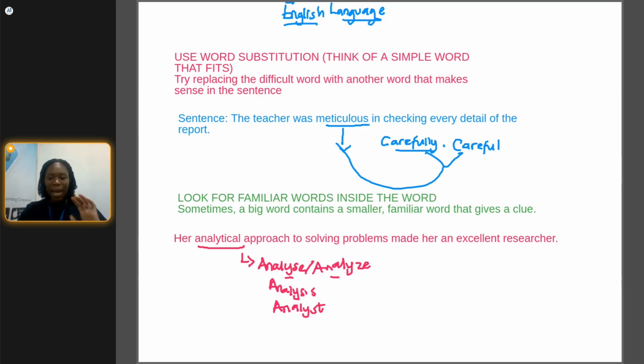We are going to the last tip under those 5 tricks of easily determining the meanings of difficult words. As I wipe off the board so we can have enough space for the rest, we're looking at the fifth point that we have under this trick.